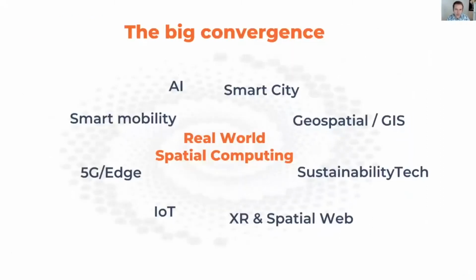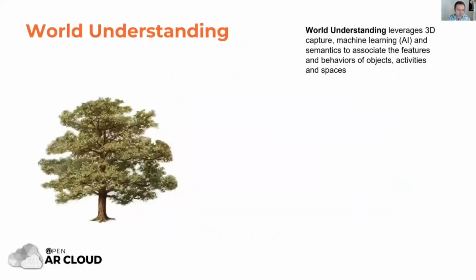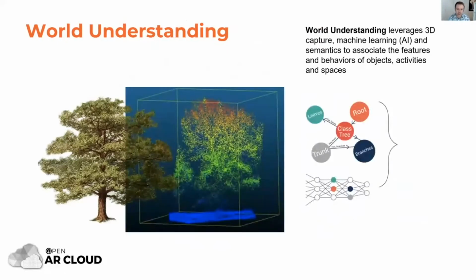Definitely across industries, there's a big convergence around spatial computing, in particular real-world spatial computing. An important part of that is world understanding. So you see more and more the use of reality capture and the use of machine learning and semantic technologies to understand the world around. So imagine a tree, you capture that tree.